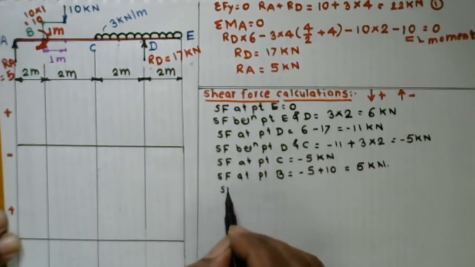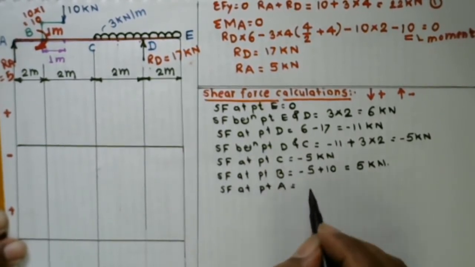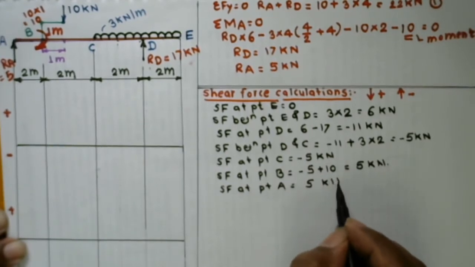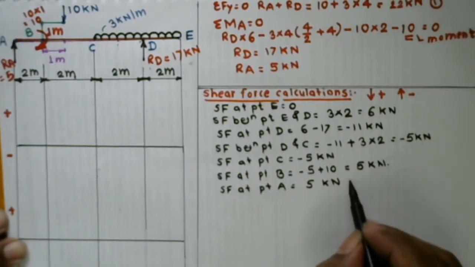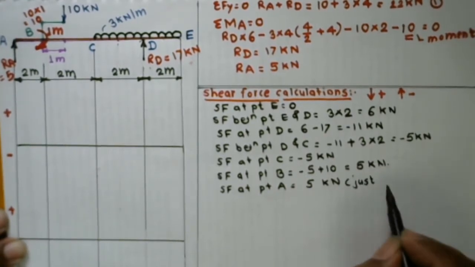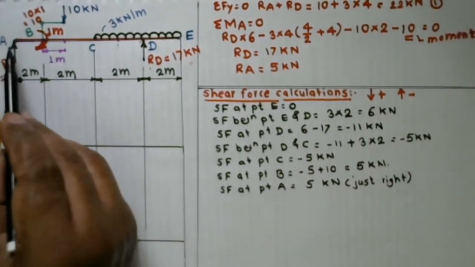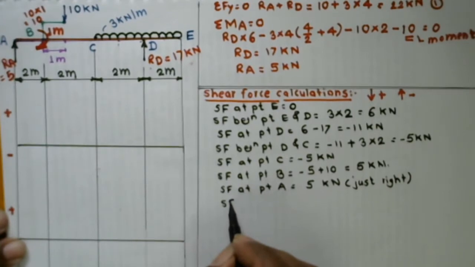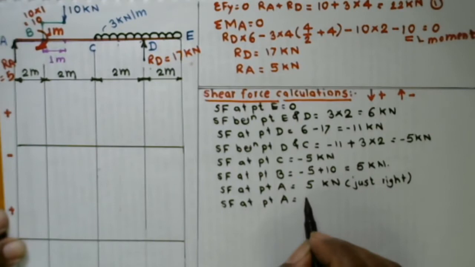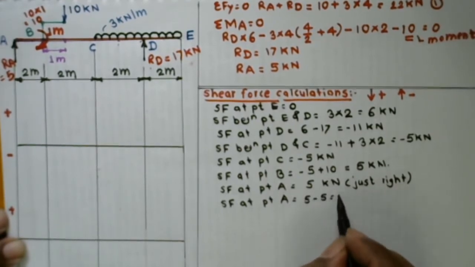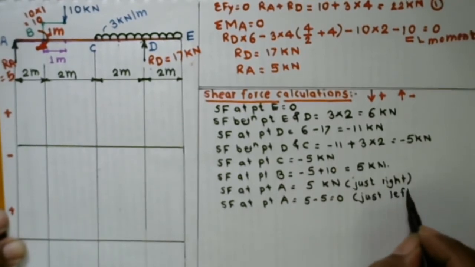The shear force at point A is also 5 kilonewton, because between B and A there is no load acting, but this is just right of point A. If we calculate the shear force at point A on the left side, just left, 5 minus 5 becomes 0, but we have to write it as just left side of point A.